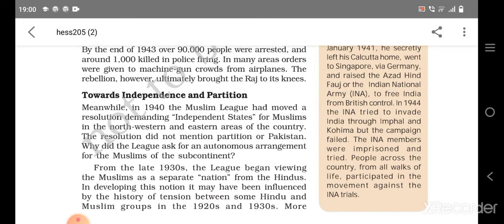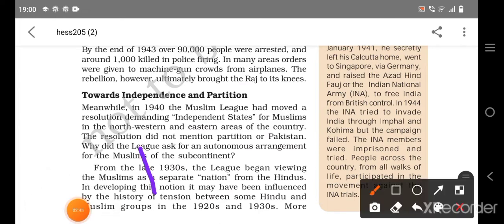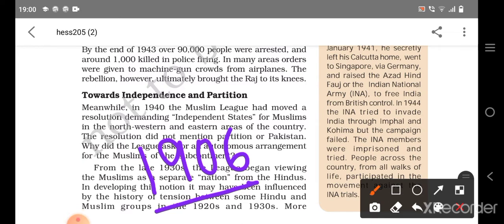Why did the League ask for an autonomous arrangement for the Muslims of the subcontinent? We know the Muslim League, right? It was built in 1906 and supported the Britishers in the partition of Bengal.